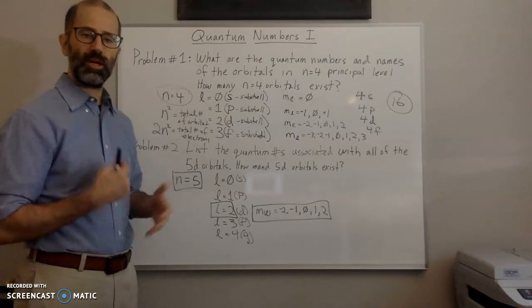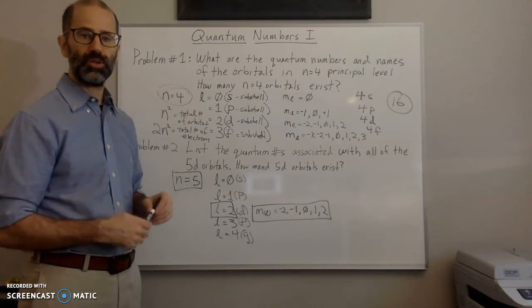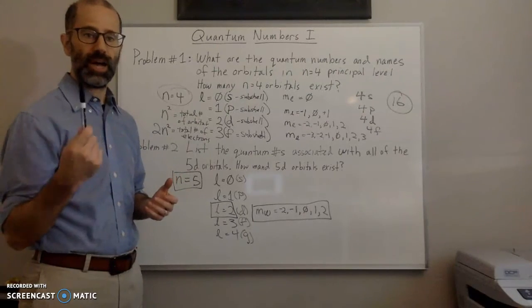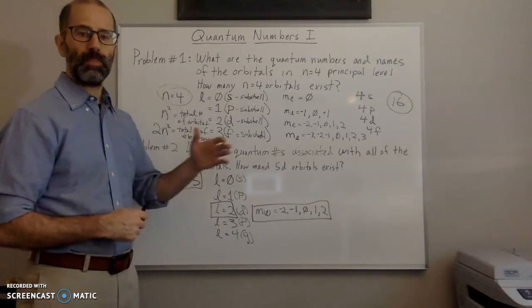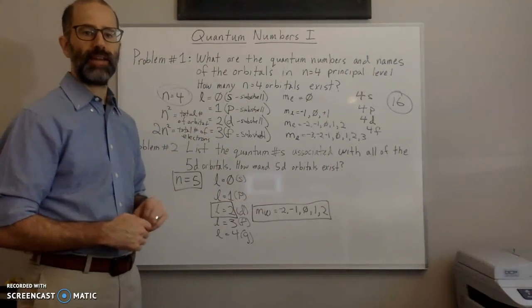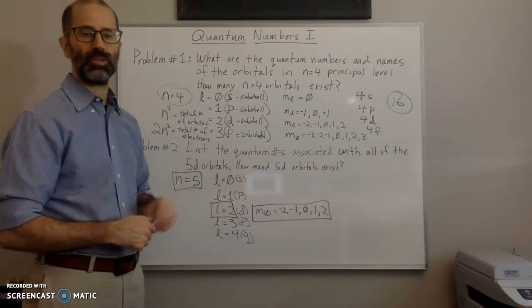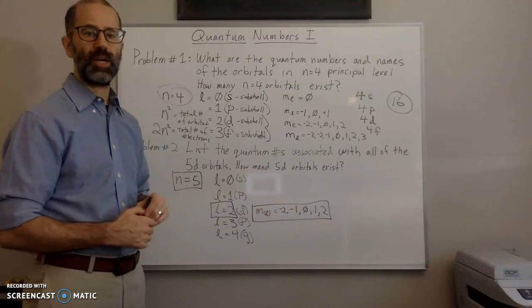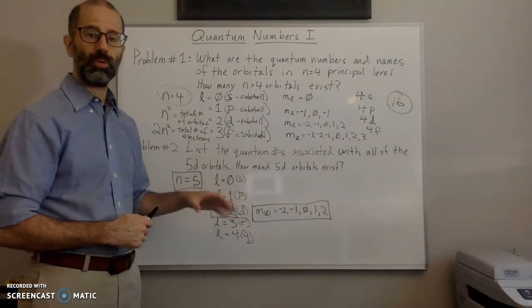So the number of orbitals does not change with the sublevel. So if you have an s orbital, you're going to have only one of them. If you are in the p subshell, you're always going to have 3 p orbitals. If you're at the d subshell sublevel, then you're going to have 5 d orbitals. If you're at the f subshell, you're going to have 7 f orbitals.